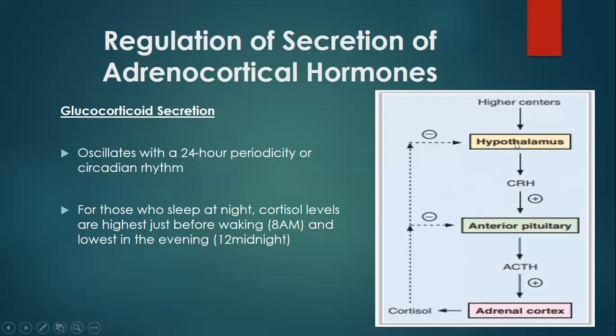When these neurons are stimulated, CRH is released into the hypothalamic hypophyseal portal blood and is delivered to the anterior pituitary. CRH binds to receptors in the corticotropes found in the anterior pituitary gland and directs them to synthesize POMC, or proopiomelanocortin, which is a precursor molecule for the production of ACTH.